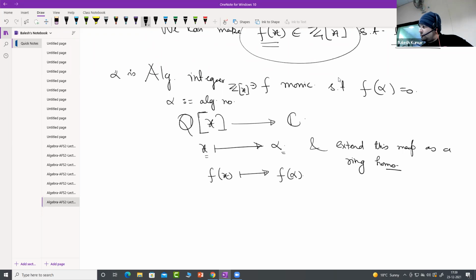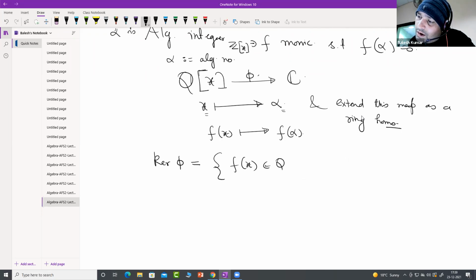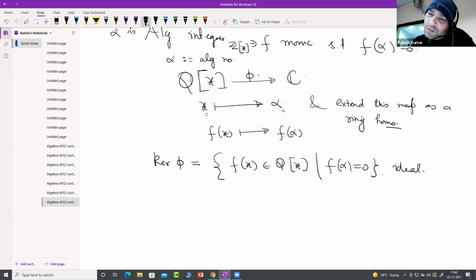And so if we try to see what will be the kernel of this homomorphism, let's say it is phi. The kernel of phi is precisely all those elements f of x belonging to Q of x such that f of alpha is equal to 0. Of course it is an ideal, that we know, and since Q of x is a PID, this kernel of phi will be generated by a single element.